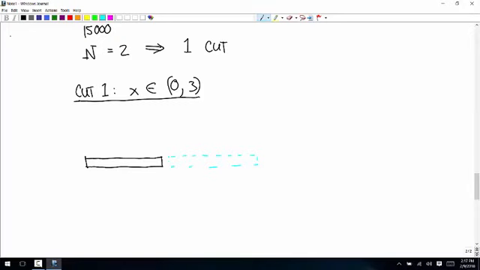Okay, so I'm in the light blue, I'm going to draw all the things that aren't happening on the piece that we're isolating. Okay. So we've made our cut, and the cut has a length of x.